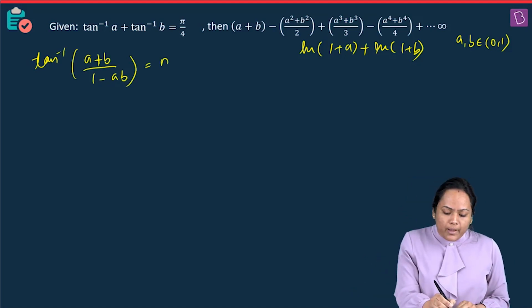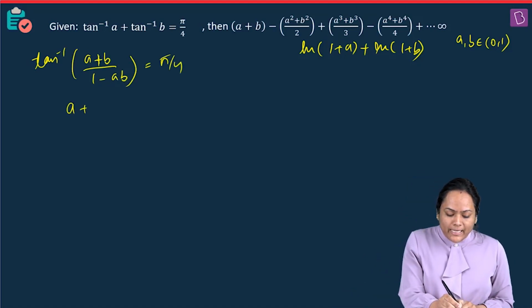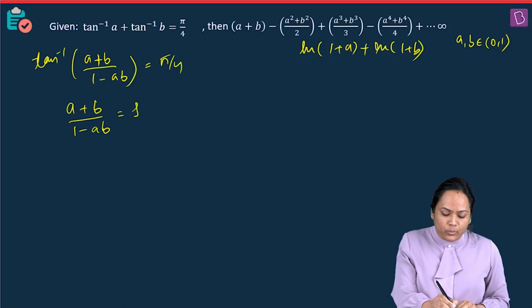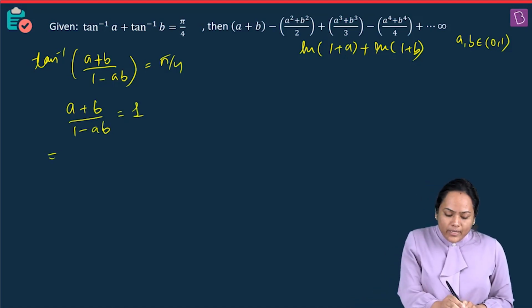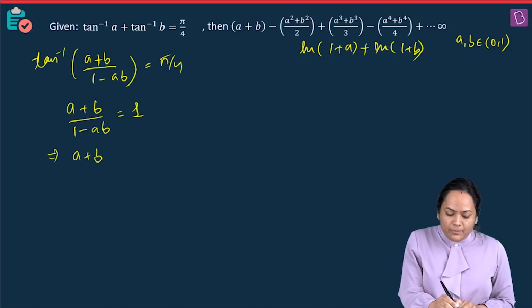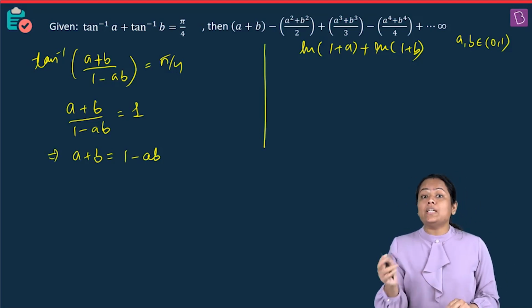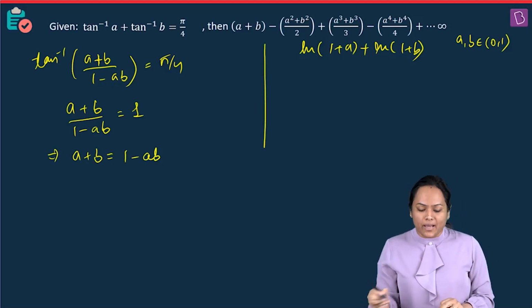And this is equal to pi by 4. That means when I take tan on both sides, I'm going to get a plus b upon 1 minus ab is equal to tan pi by 4, which is 1. And now when I cross multiply, it's going to become a plus b is equal to 1 minus ab. Clear?